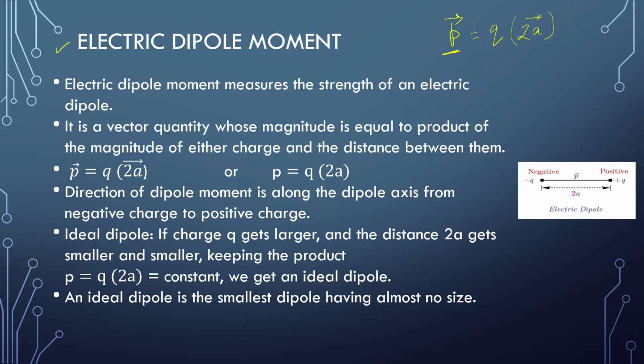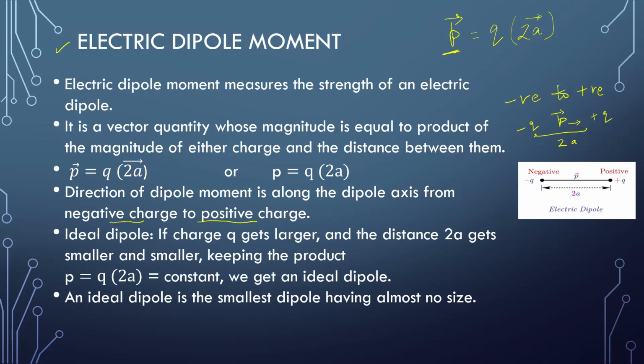The direction of this P vector is always considered to be from the negative charge to the positive charge. So, if this is minus q and this is plus q, separated by a distance 2a, then P vector is in the direction from minus q to plus q.